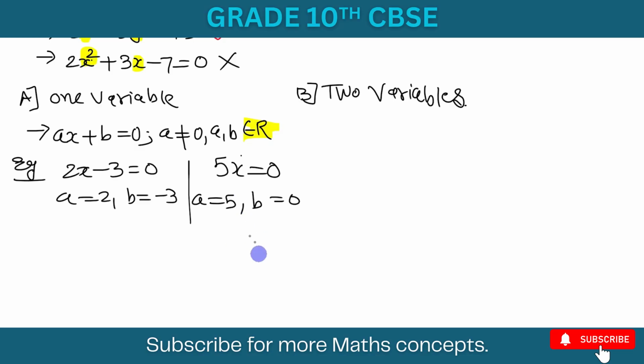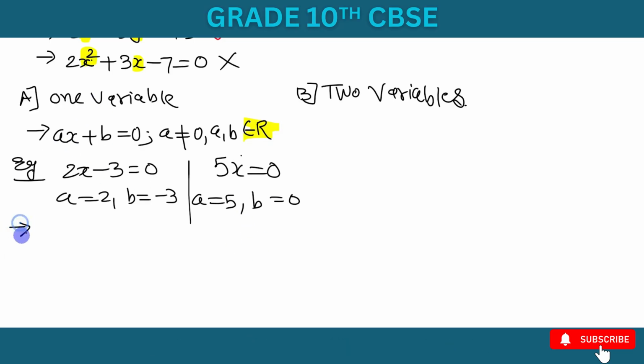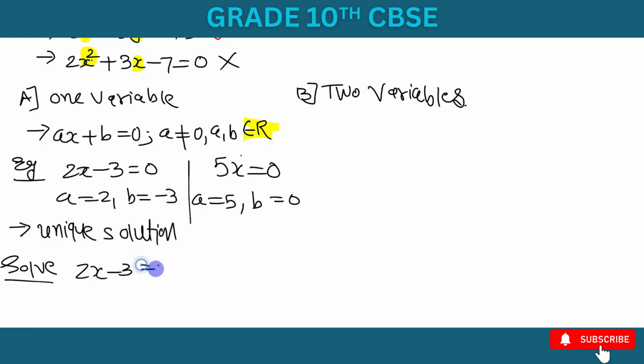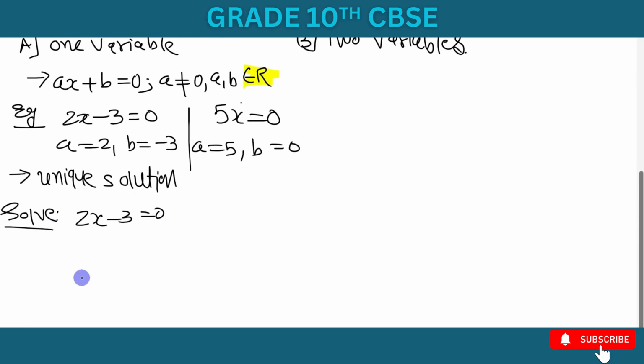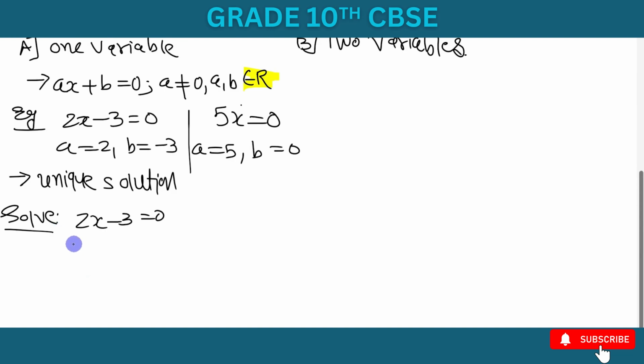That means the conclusion is that x power must be 1. Only one variable is there and a cannot be 0, however b can be 0. So this is a linear equation in one variable, and it will always have a unique solution, means only one solution. For example, solve this equation 2x minus 3 equal to 0.